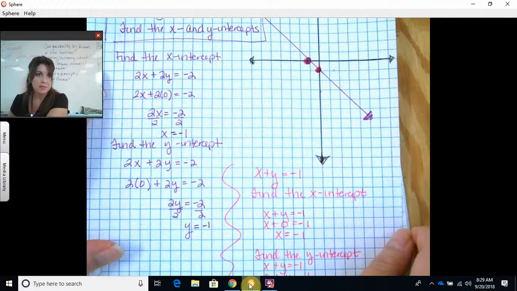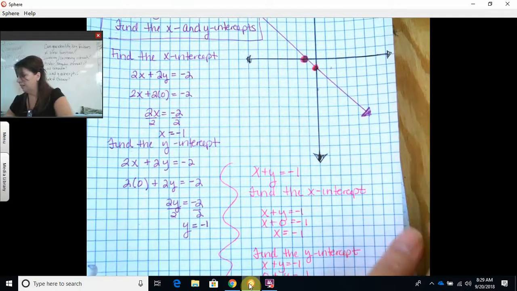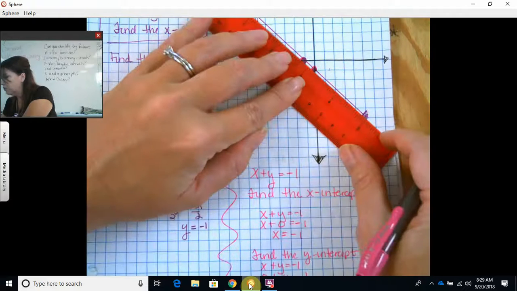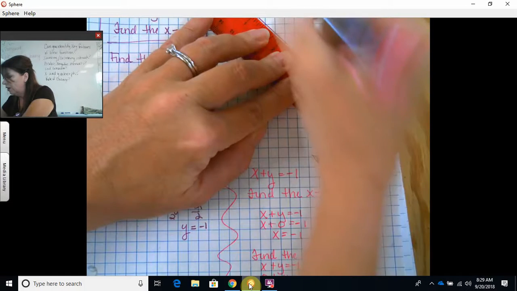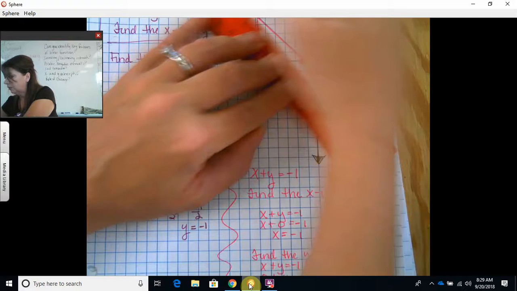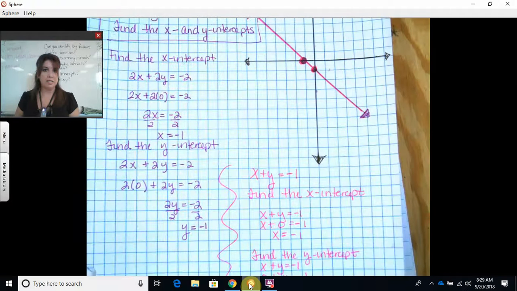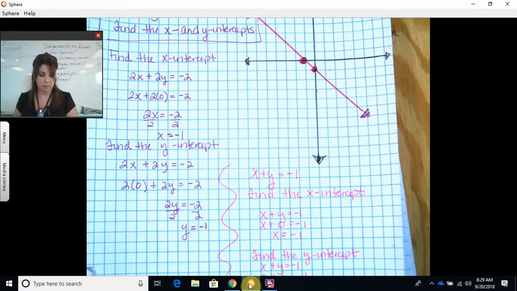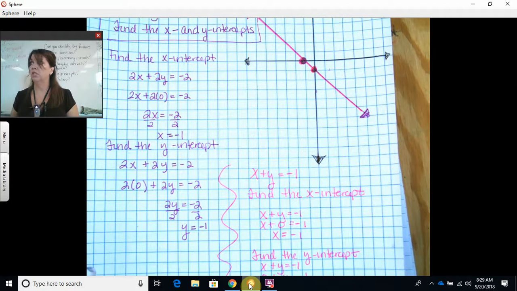They're the same. If I connect those 2 points, aren't they the same line? Even though the equations look different, they're the same exact line, aren't they? So what ordered pair do they have in common? What else? Is that the only 2 points they have in common?